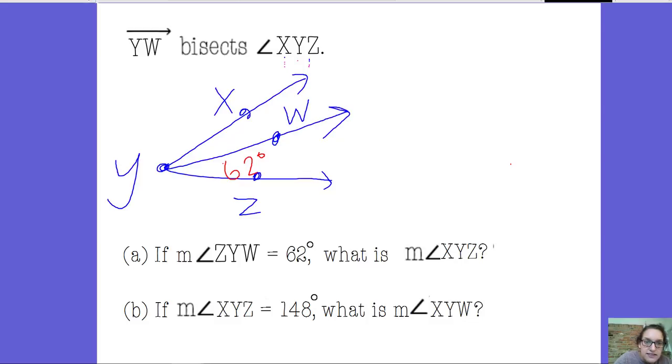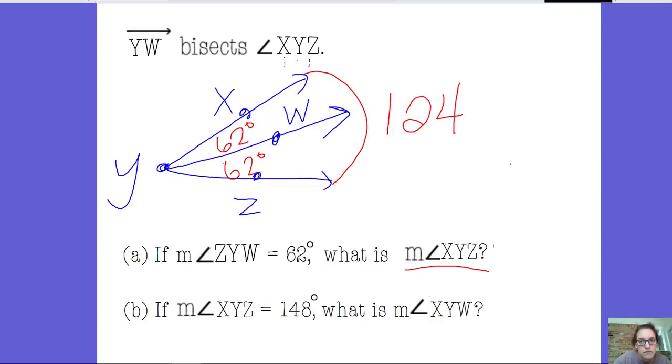If angle ZYW is 62, that means that angle XYW is also going to be 62 because they have to be congruent if YW is an angle bisector. We're asking for angle XYZ, the whole enchilada, so I have to add those two angles together. 62 plus 62 is 124. So the measure of angle XYZ is 124 degrees.